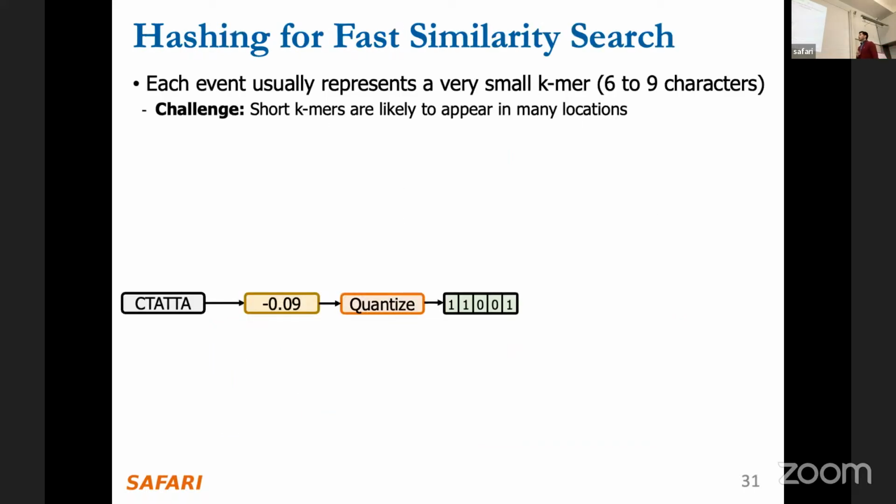So then let's cover the hashing part. There is one more challenge you should handle after quantization. Each event that we're quantizing usually represents a very small k-mer, which is around 6 to 9 characters.